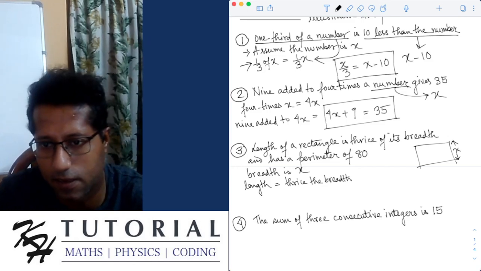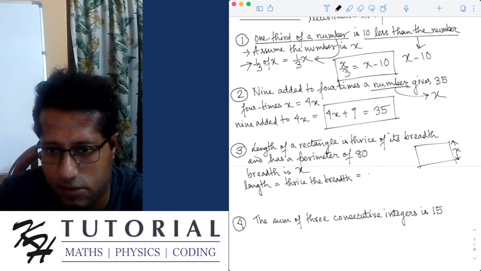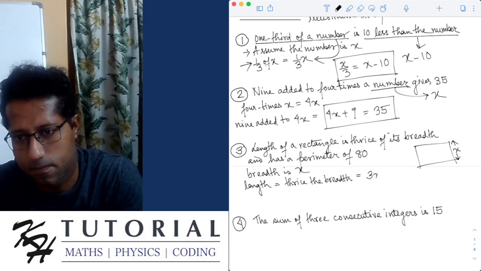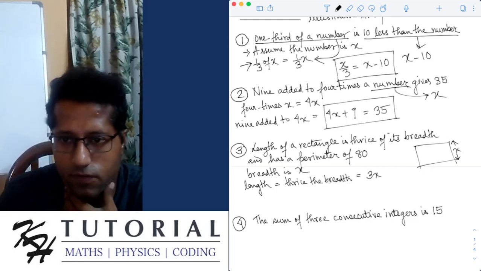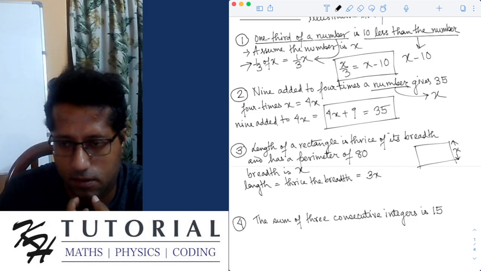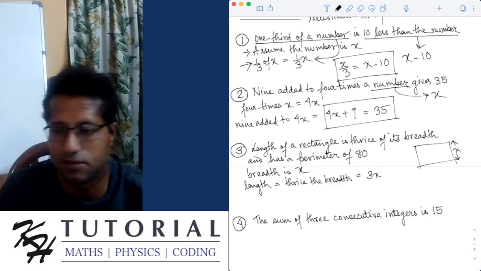Since we have assumed breadth as x, length will be thrice, meaning 3 times, 3x. So now we have got the length and the breadth in terms of one unknown variable, x, and x actually represents the breadth as per our assumption.